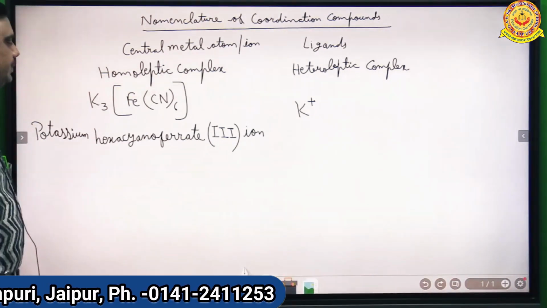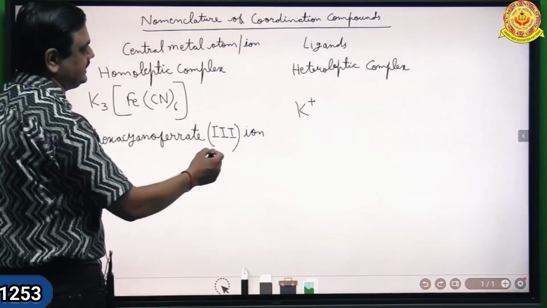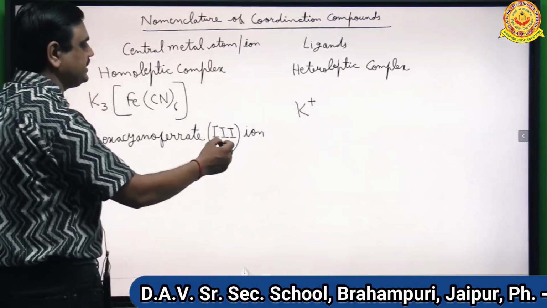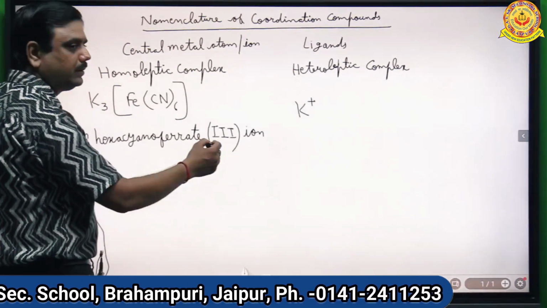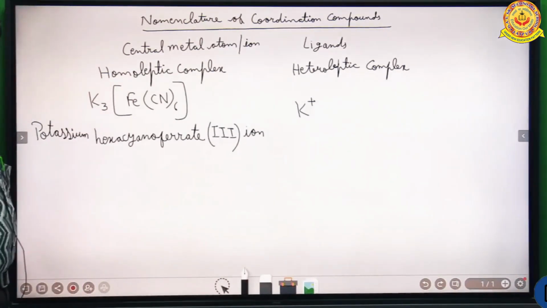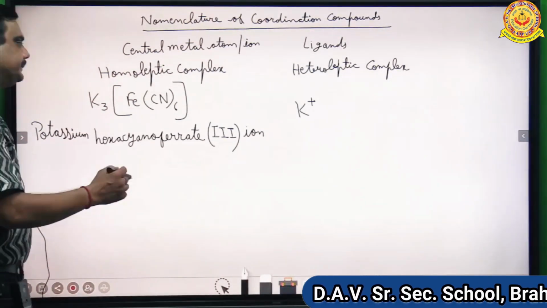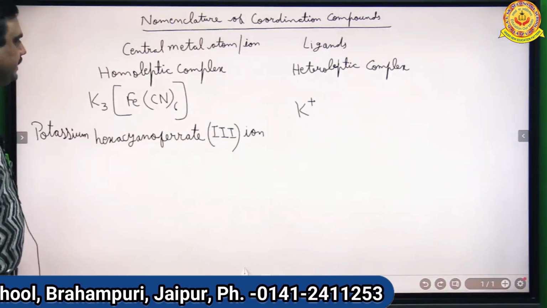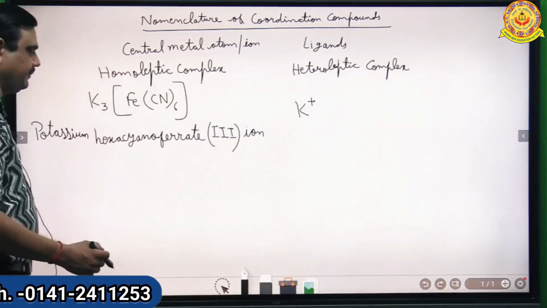The name will be broken only where we are indicating any number or any symbol which defines the position of anything. Okay? Let's take one more example of negative complex.